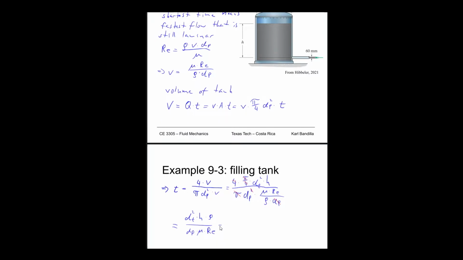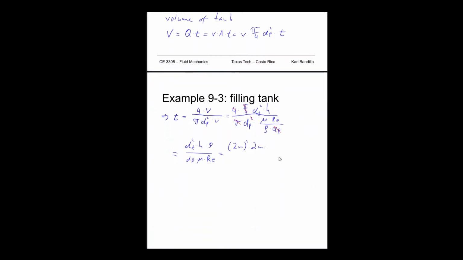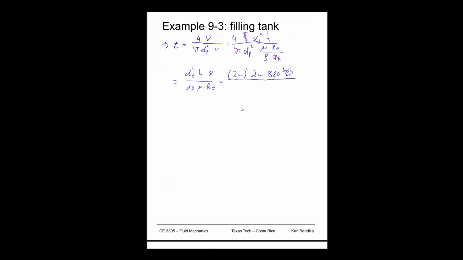Okay, now we can plug that in. That's nice and easy. The tank had a diameter of 2 meters, so 2 meters squared. The height is another 2 meters. The density of the oil is not given to us, but we can look it up, at 20 degrees C, it is 880 kilograms per cubic meter. Divided by the diameter of the pipe, which was 60 millimeters, so that is 0.06 meters.